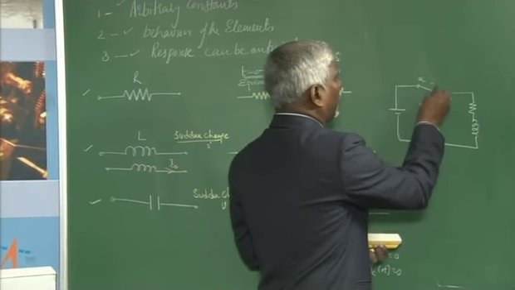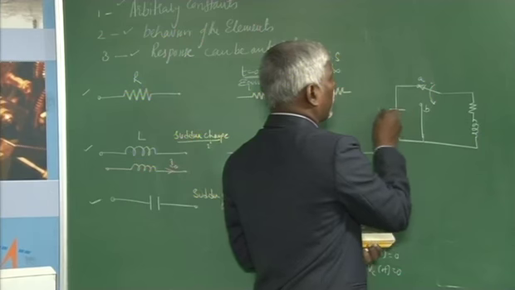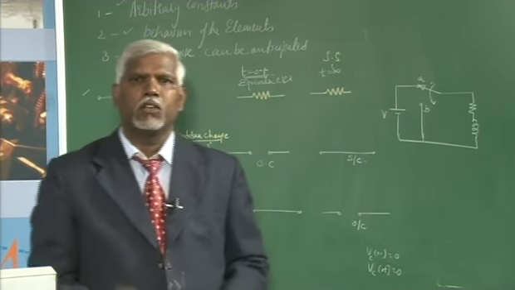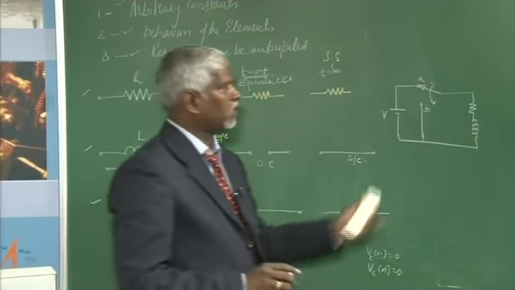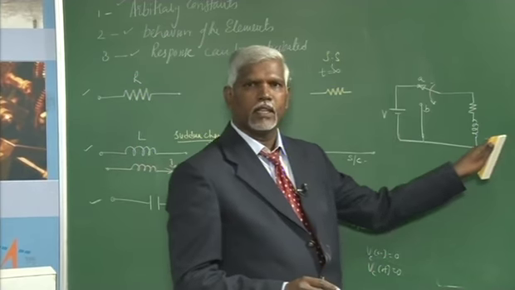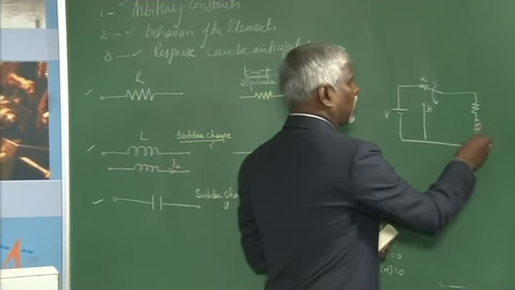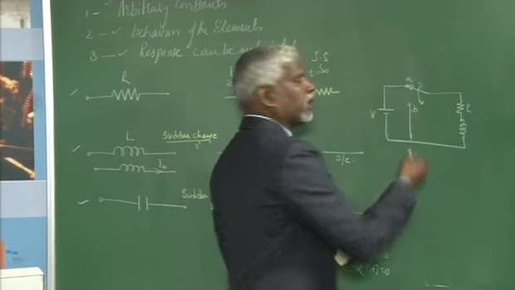The switch is initially closed to position A, and it has already gone through one transient to steady state. Now your inductor is acting as a short circuit and the current is limited only to V by R.